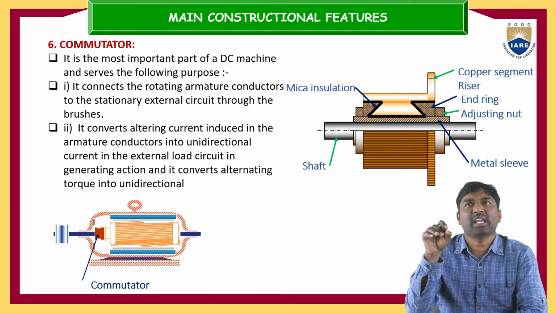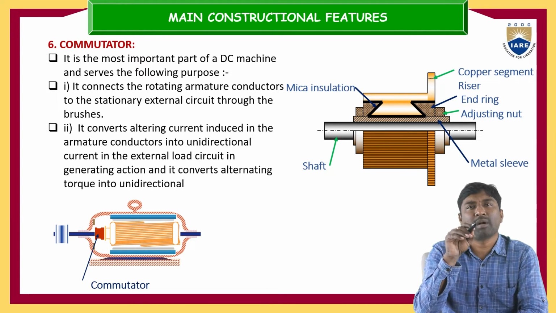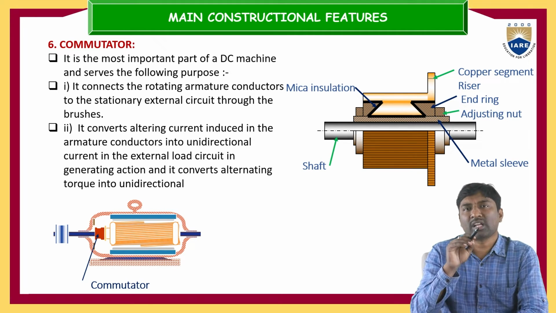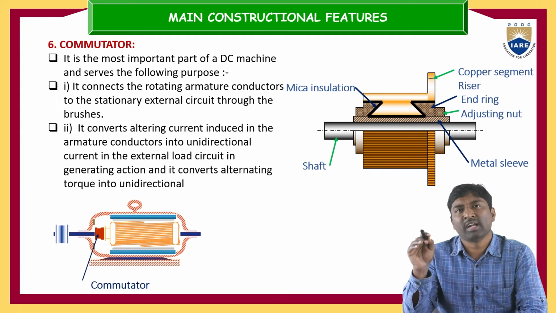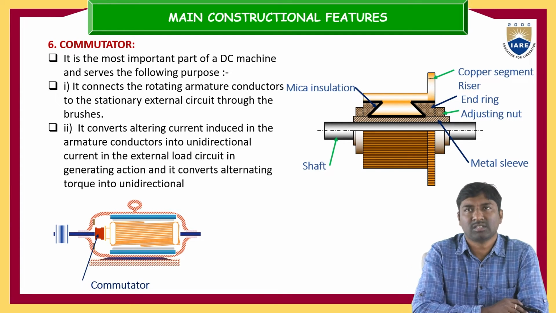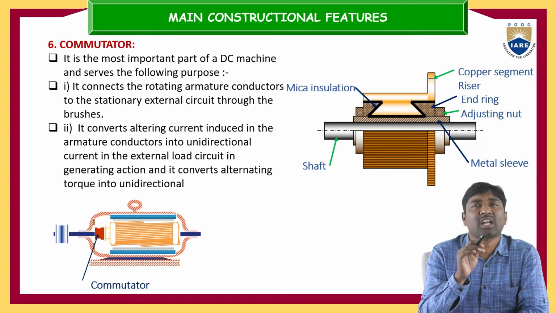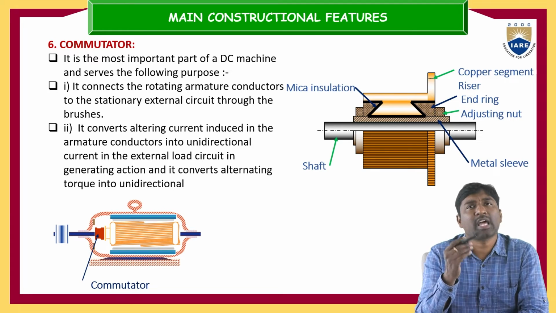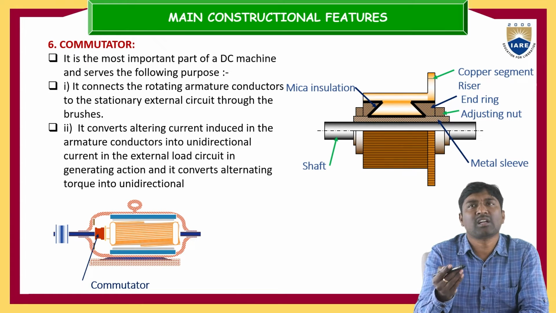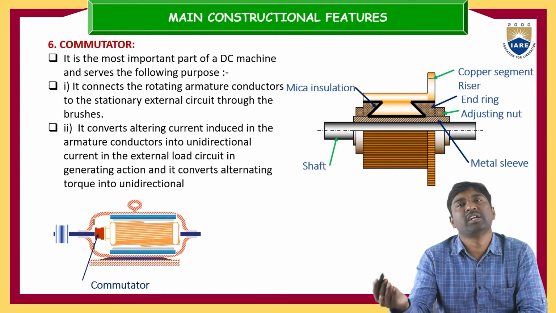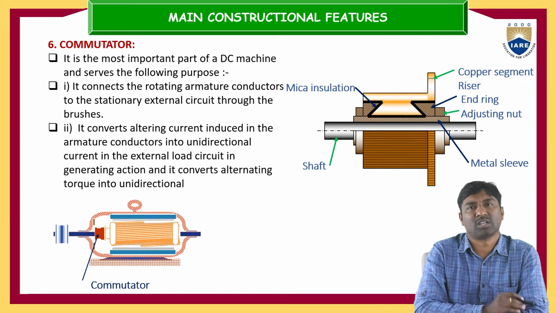The armature conductors carry alternating current or alternating voltage, and we are converting it into direct current or direct voltage by using this commutator. It converts the alternating current induced in the armature conductors into unidirectional current in the external load circuit in the generating action, and it converts the alternating torque into unidirectional torque in the case of the motor.